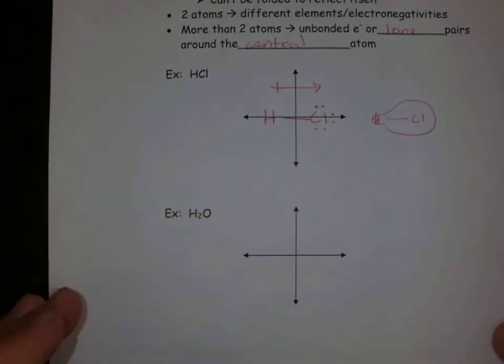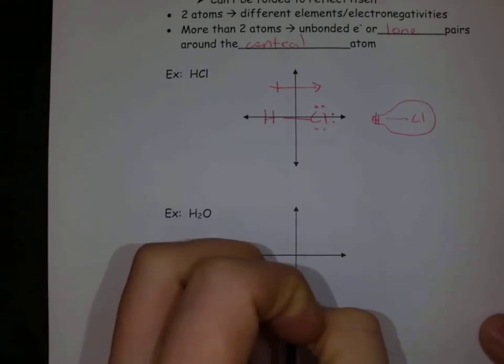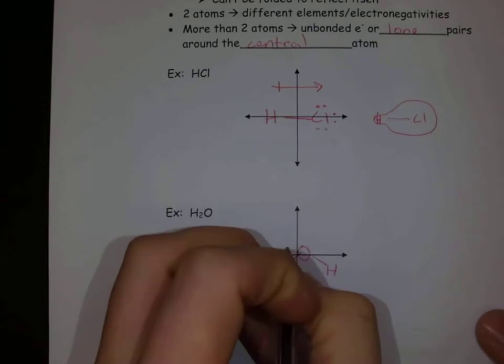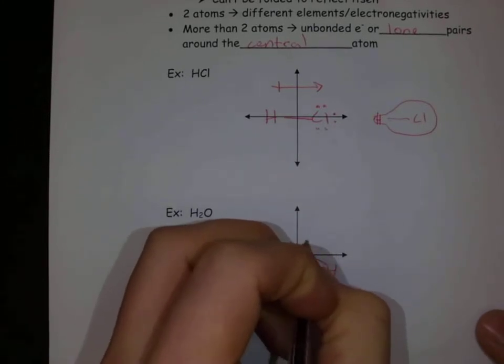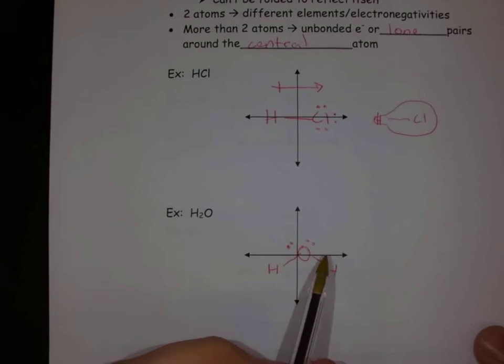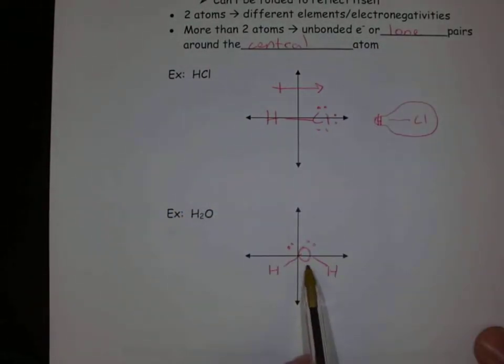So let's now look at H2O. I said to get in the habit of drawing H2O like this, because when we draw it like this, we see that we have unbonded electrons or lone pairs around the central atom. We have these two lone pairs that are non-bonded.